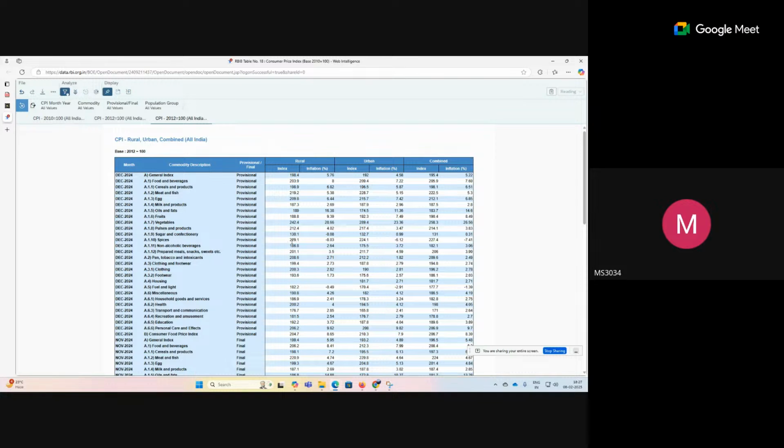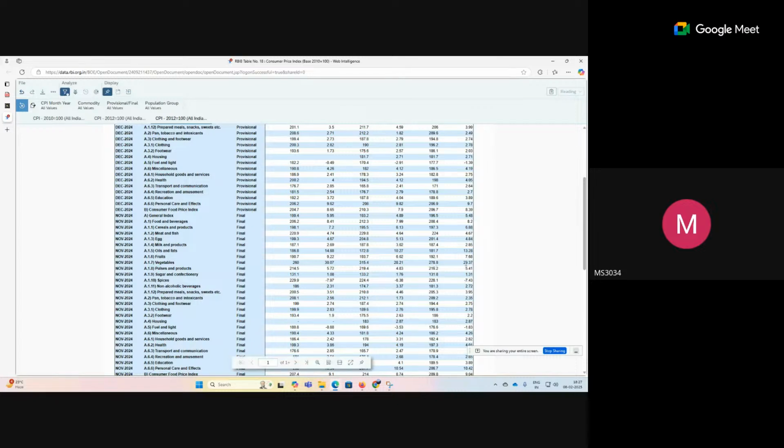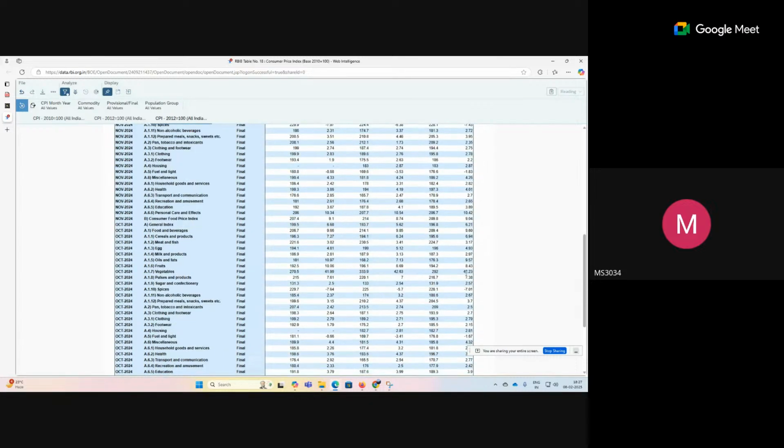For example, if you take a quick look at these data points, you will see that vegetables are consistently having a very high inflation rate. If you see vegetables in December 2024, taking a look at the combined value, it is 26.56% in December, 29.37% in November, and similarly as high as 42.23% in October 2024.